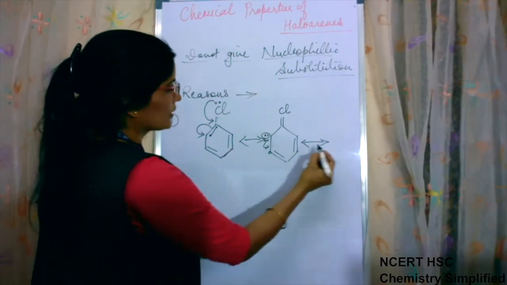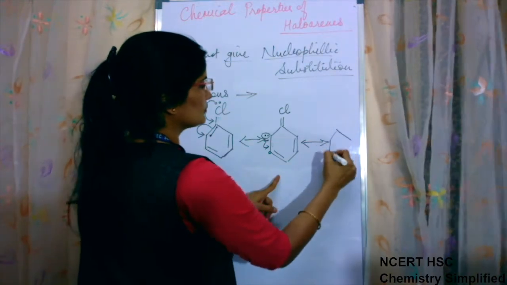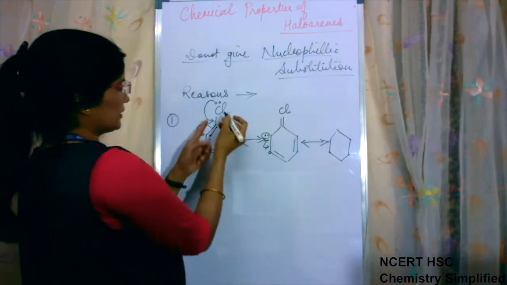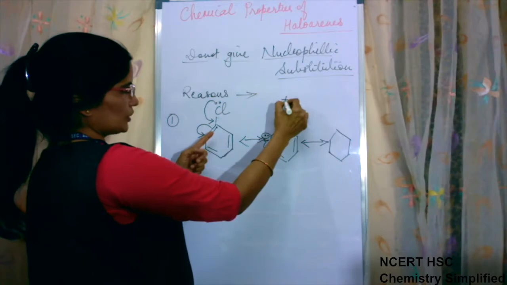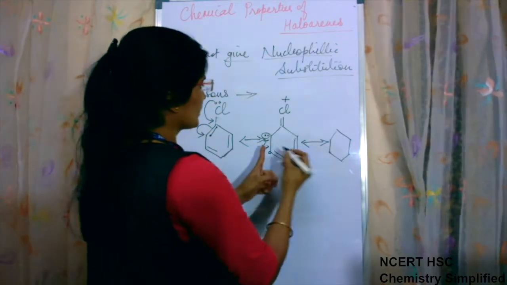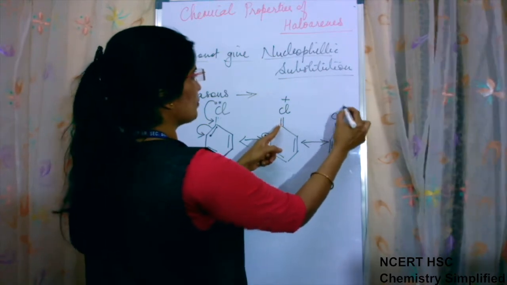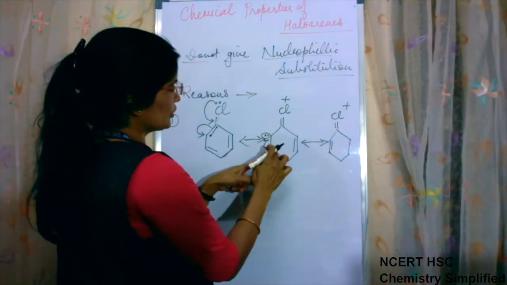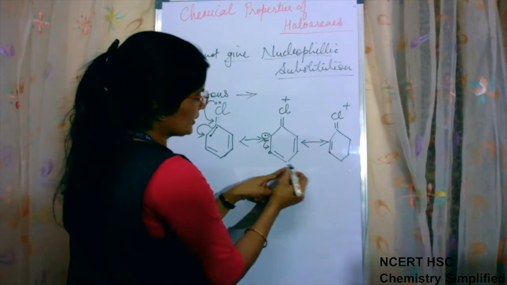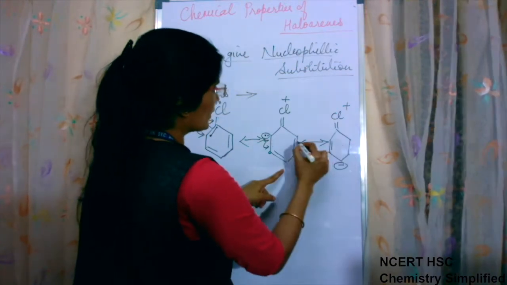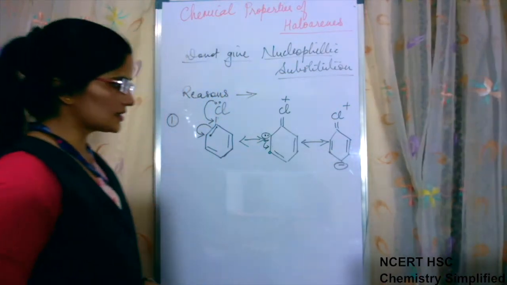So again it will be like this. One more thing, when this lone pair comes here, chlorine acquires a positive charge. Now this is a double bond. This is already as it is, Cl positive. This shifted here to make a bond, so this bond shifted here to make a negative sign, and this is as it is. This is the next structure.